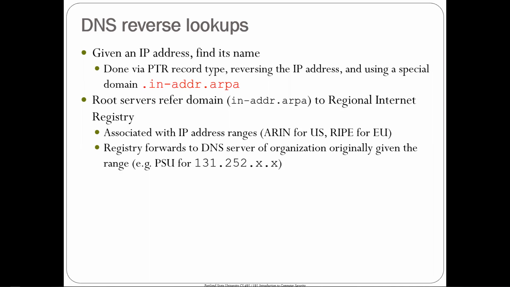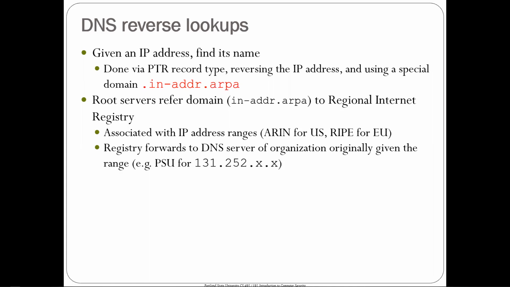If you have an IP address and you reverse it and tack on in-addr.arpa, you'll be using the DNS hierarchy to figure out the domain name associated with that IP address. Anytime you are given an allocation of IP addresses from a registry, you are required to set up these pointer records that will respond to reverse lookups.